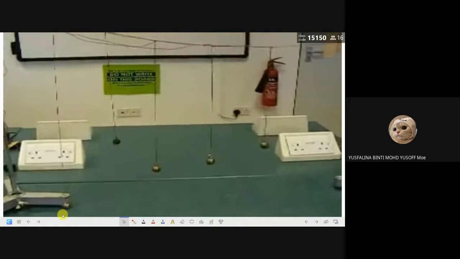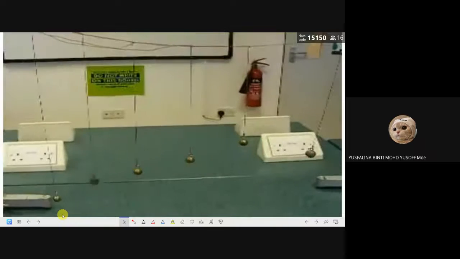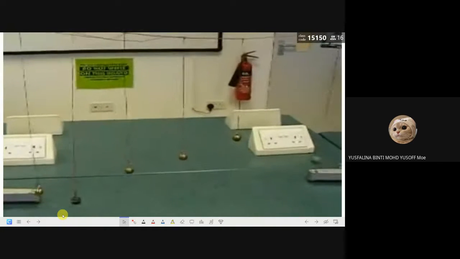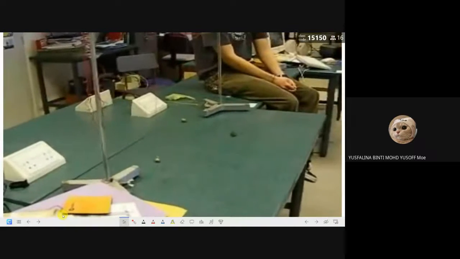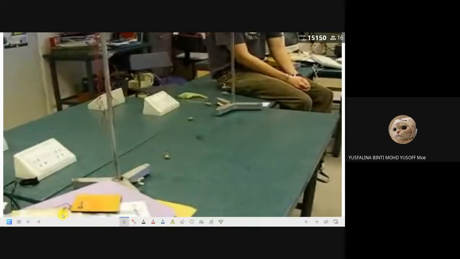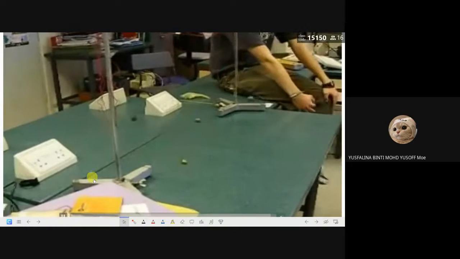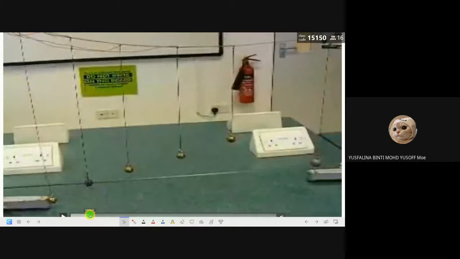You can see it oscillate. Let's try to play it again. Here you can see there are a few pendulums, 1, 2, 3, 4, 5, 6. So this is actually 6 pendulums.